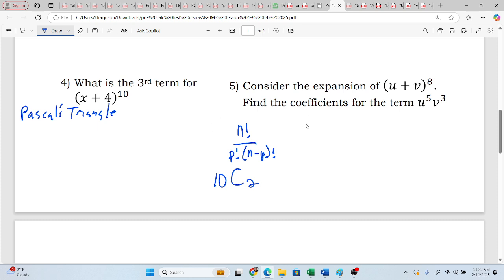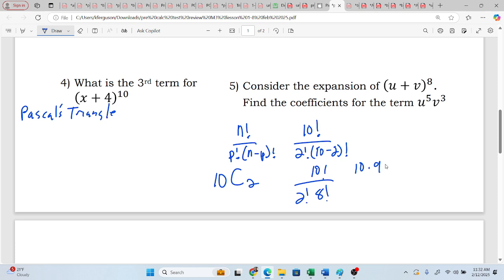Okay? And then, I don't need to really do this because we already know it's 45, but it would be this. I'd have 10 factorial over 2 factorial times 8 factorial, right? And so then 10 factorial over 8 factorial, I'd have 10 times 9.